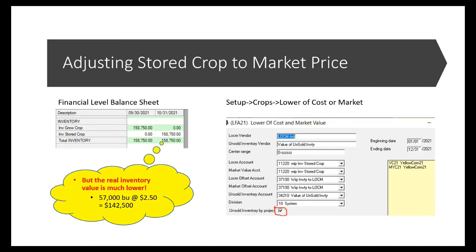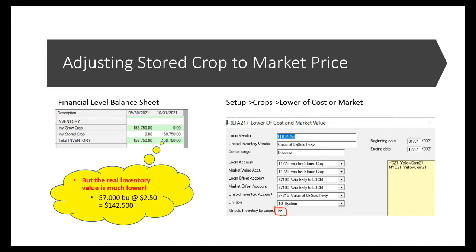That's what FBS thinks it is, at least at the accrual or cash level, but the market value is different. So when we're reporting to the bank what we think our stored crop is worth, how do we get it to show up in the report, so I'm not having to manually adjust it anyway? This looks like it'll take a little exploring to learn about.